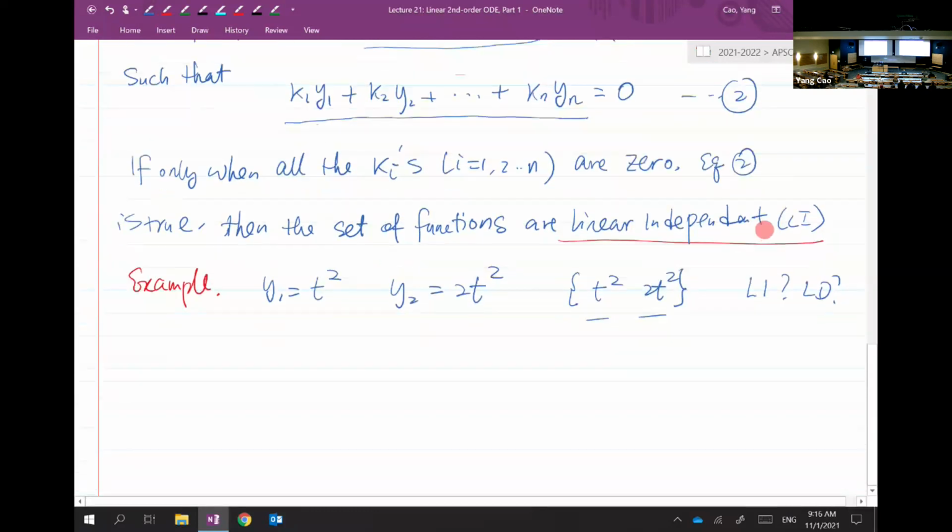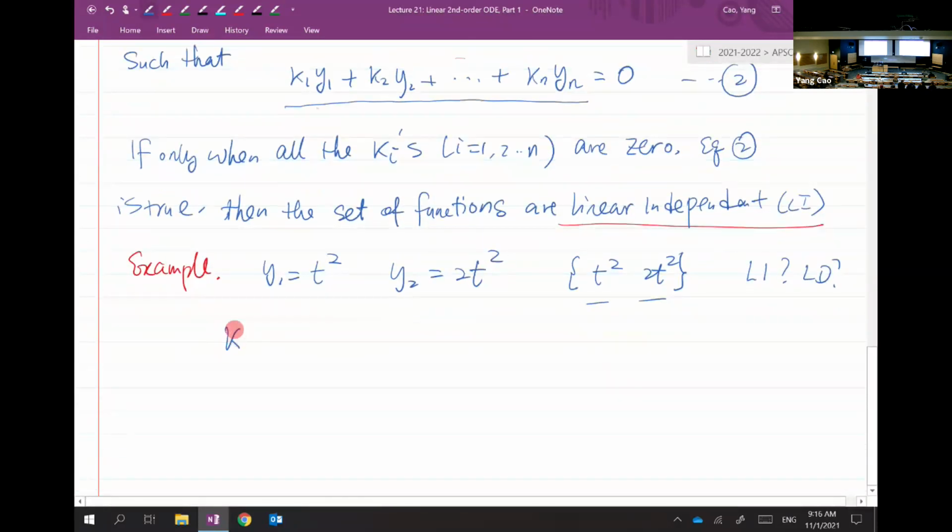Let's say k1 times t squared plus k2 times 2t squared, and let it equal 0. You create this expression and let it equal 0. Then you can cancel the t squared, and you basically get k1 plus 2k2 equal to 0.